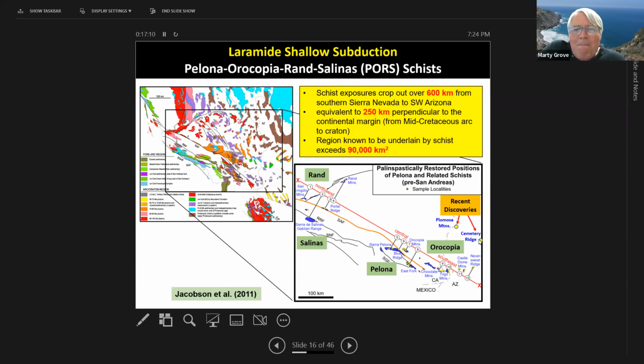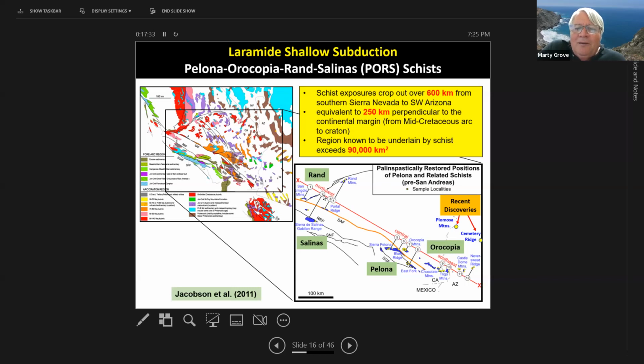And so the amount of area that's known to be underlain by the schist is approaching 100 kilometers squared. We're not sure about the rest of the Southern California region, but potentially it's even greater than that.